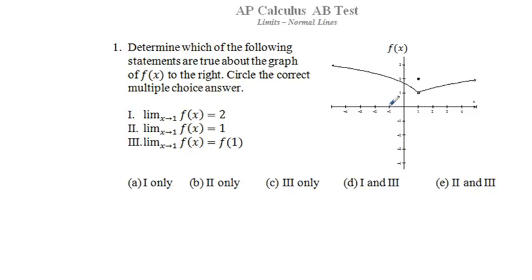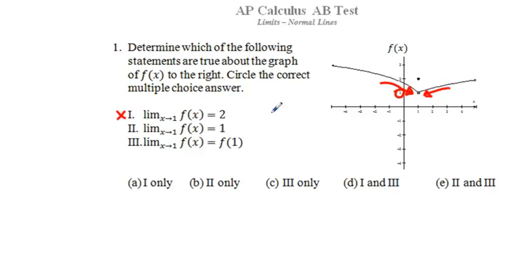Well, to have the limit equal 2, as 1 is being approached from the left and from the right, what are we honing in on? We're honing in not on 2, but on the value of 1 here.